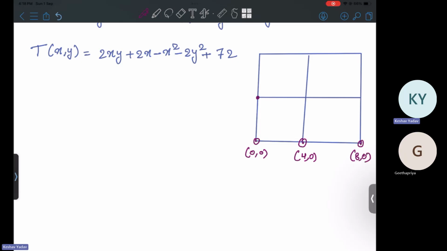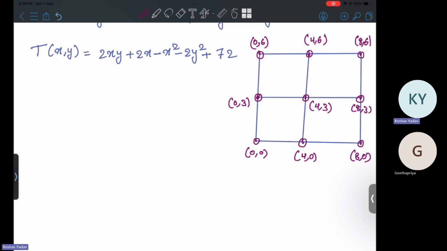Similarly, here y is 3, so 0, 3. Here, what will be the value of this coordinate? 4, 3. What will be this coordinate? 8, 3. What will be the value of this coordinate? 0, 6. What will be the value here? 4, 6 coordinate.